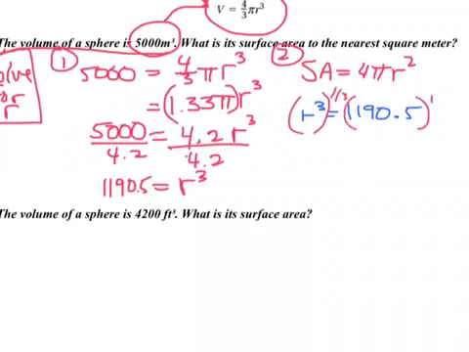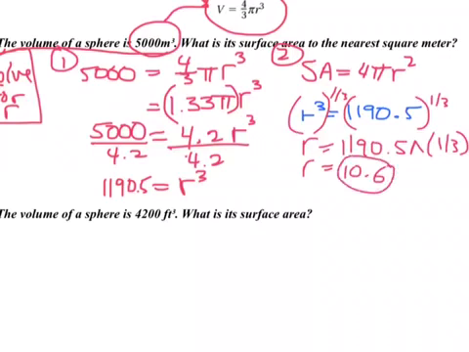So doing so, I will get r equals 1190.5 raised to the 1/3 power. And when I type that into the calculator, raised to the parentheses 1 divided by 3 power, I get 10.6 for my radius.